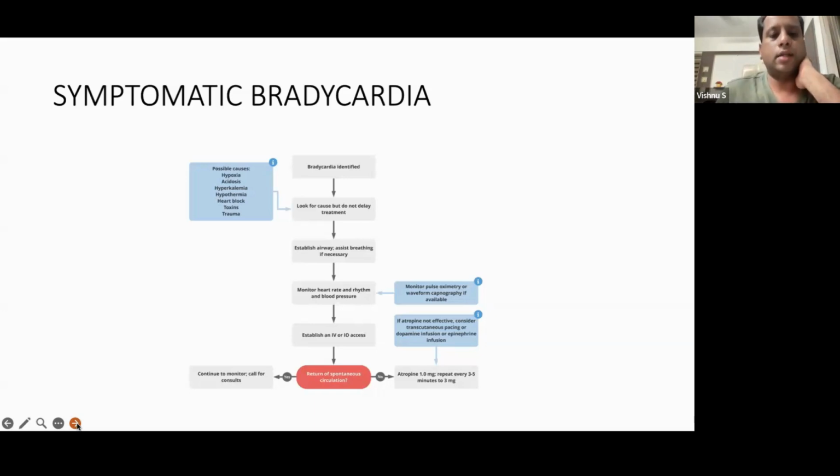Then drugs also, high-dose beta blockers and antiarrhythmics, can cause acute symptomatic bradycardia. And trauma also, which may cause hyperkalemia due to crush injury, and that causes bradycardia and cardiac arrest.